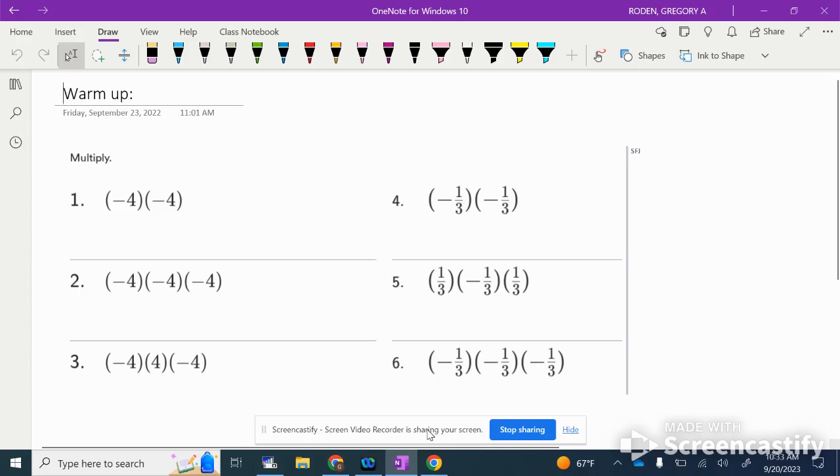Recording. Okay, did everyone get a chance to copy that down? I'll give you guys one more minute and then we're going to go through it together. So if you're still copying, just keep copying while we're working.